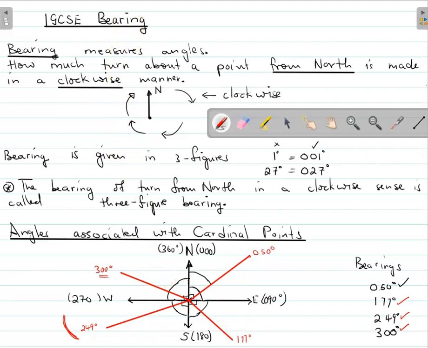Alright, so what we're going to do now is move on and try drawing bearings using distinct or separate diagrams to show the understanding, and then I'll give you your own to try and see if you've understood the concept.